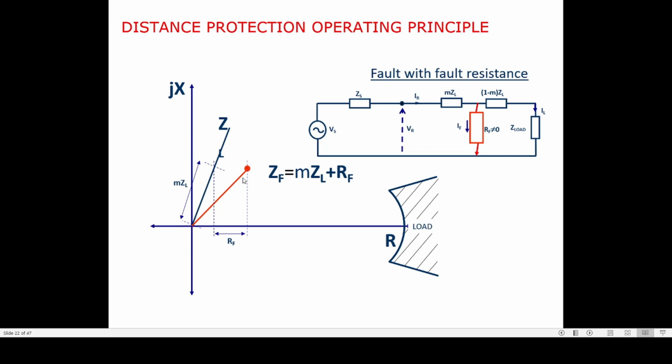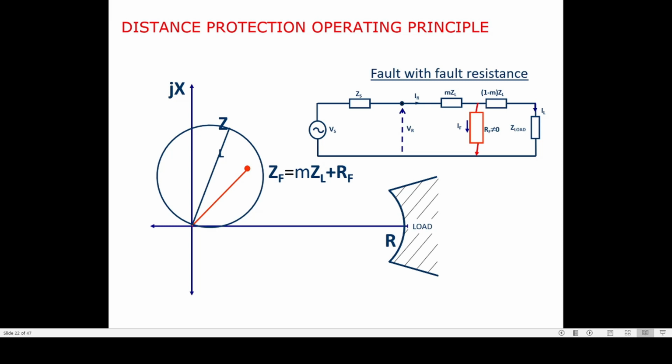This is the second location in the presence of fault resistance. Now, this is one of the basic characteristics. This is an offset or simply plain Mho type relay, or plain impedance type relay, and we will discuss this plain Mho type relay characteristic in subsequent slides.